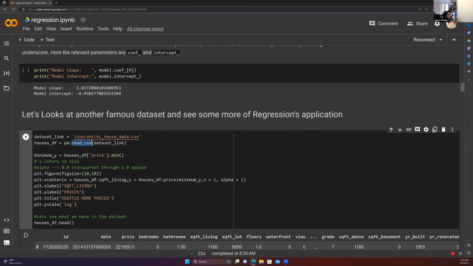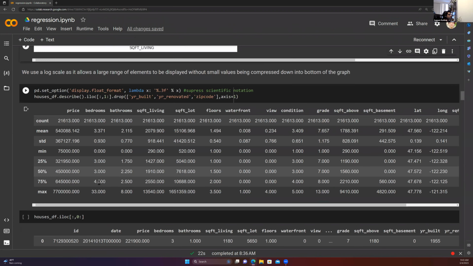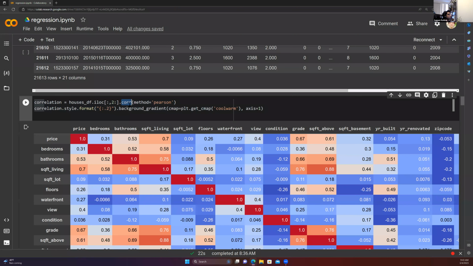I looked at the top 5 rows and all the columns. And now I can directly apply .corr, which is a function that generates this correlation map, or heat map, for you based on Pearson correlation.